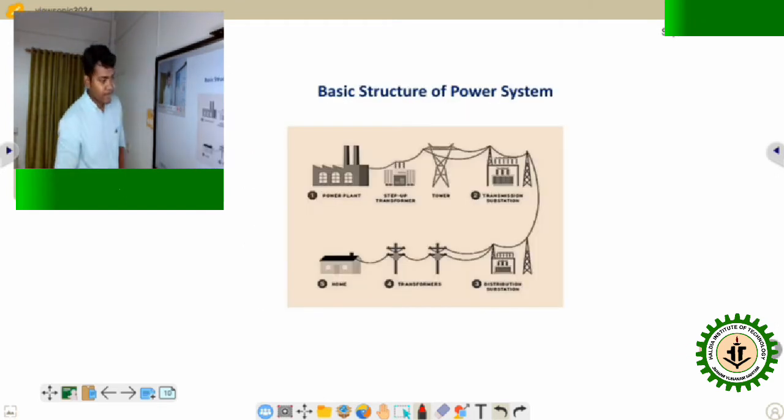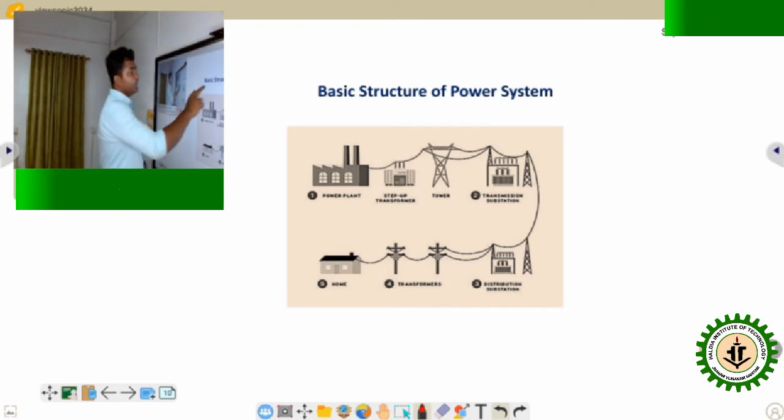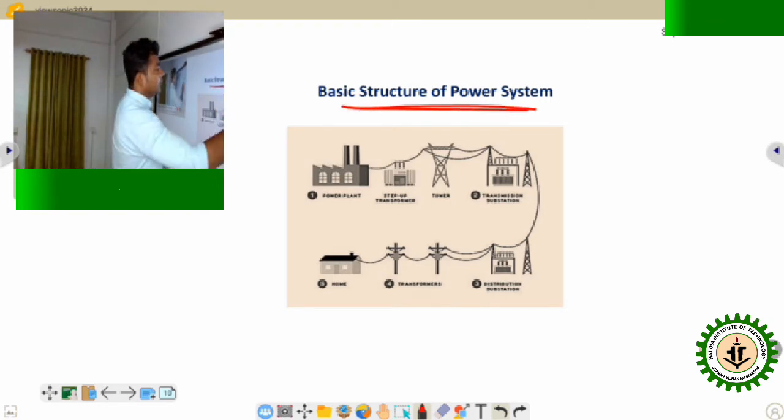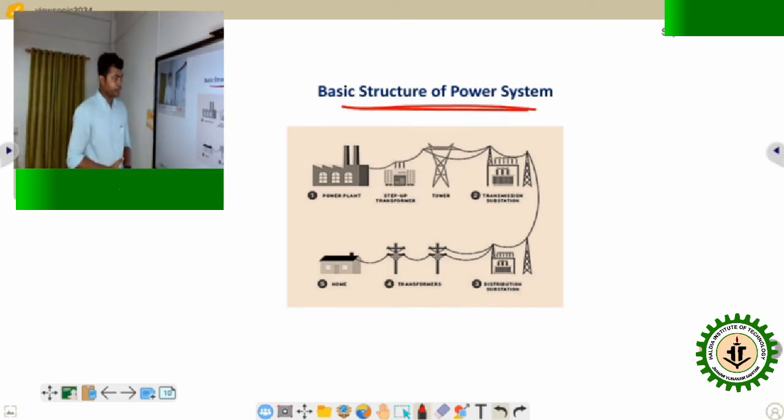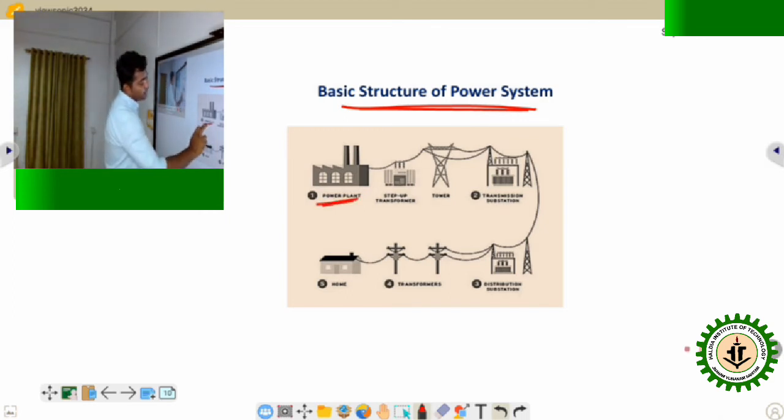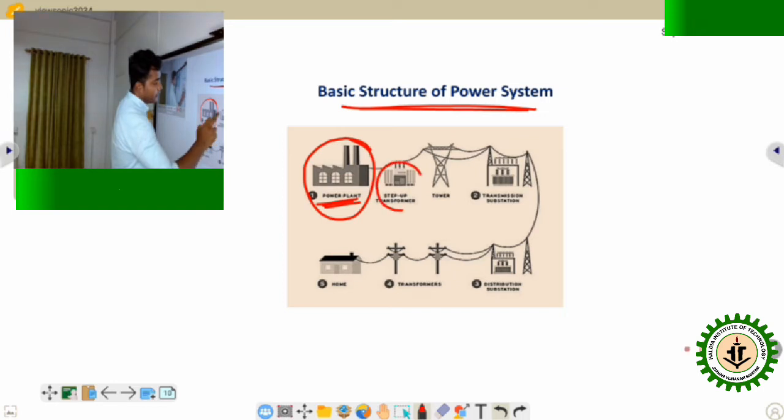This is the basic structure, the main topic, basic structure of power system. So we all know that the power is generated in the power plant or generating station. Suppose this one is the generating station, power plant, where the power is generated. Then after the generation, there is a step up transformer, which steps up the voltage.